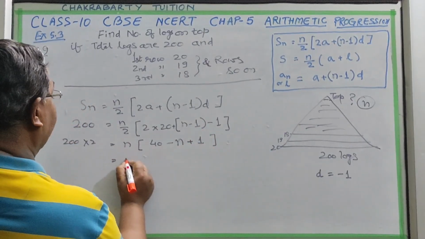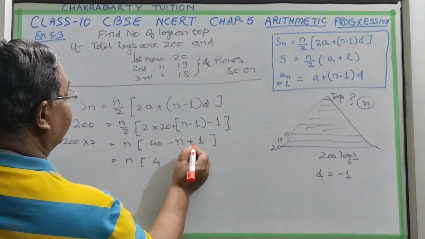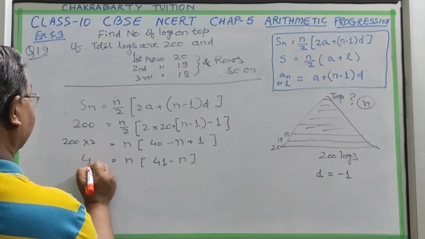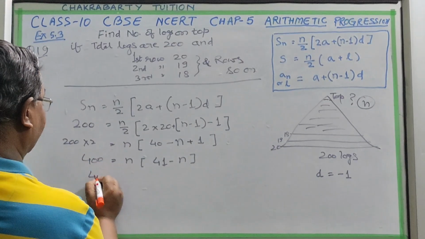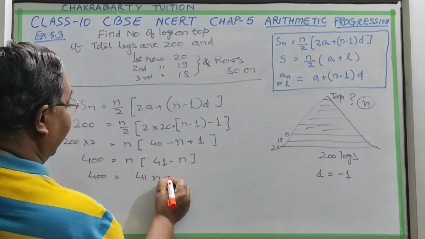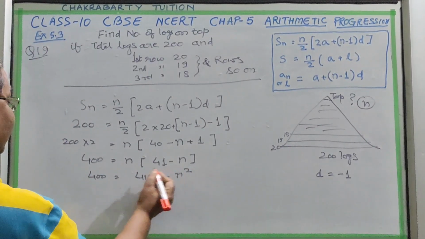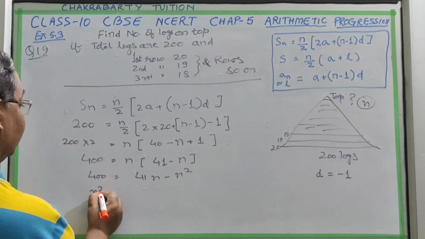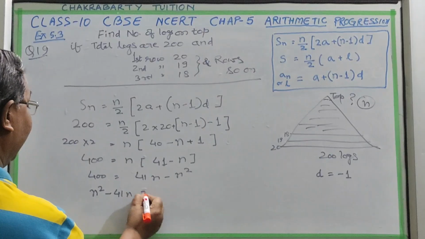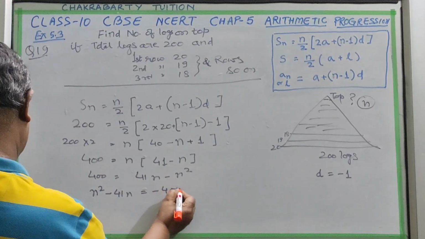So 41 minus n, and here it will become 400. So 400 equal to 41n minus n square. Now we are transposing it. This minus n square we take to this side, so it will become plus n square minus 41n, and this 400 will go to this side with the minus sign.